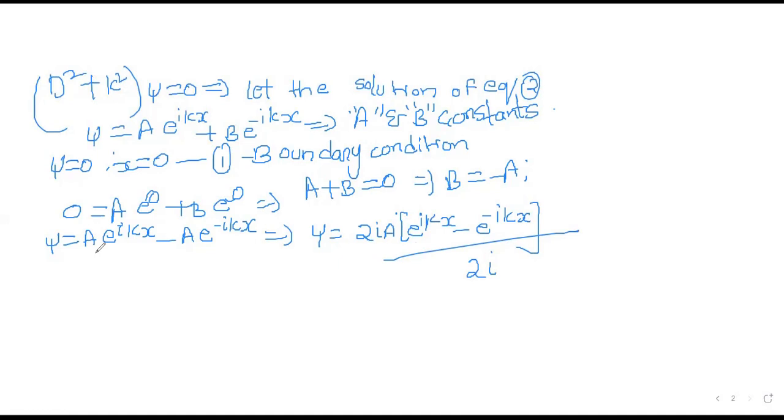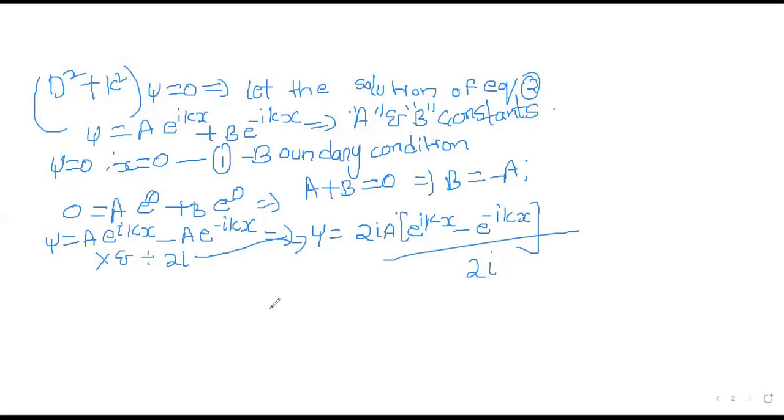We take common A: ψ = 2iA (e^(ikx) − e^(−ikx))/2i. We just multiplied and divided the above equation by 2i. So let us equate ψ = 2iA times (e^(ikx) − e^(−ikx))/2i.